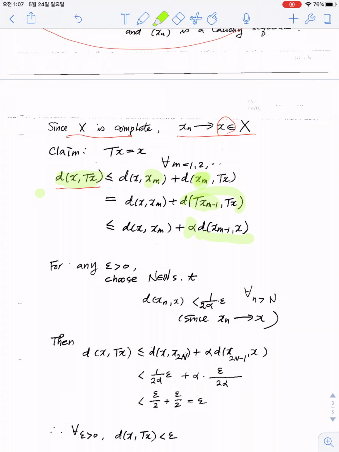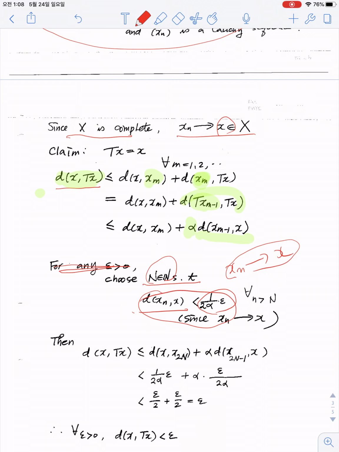Okay, so we have this property. Now, given epsilon, we can also choose d(xn, x) to be less than 1 over 2 alpha epsilon, because xn converges to x. So you can choose capital N satisfying these conditions.